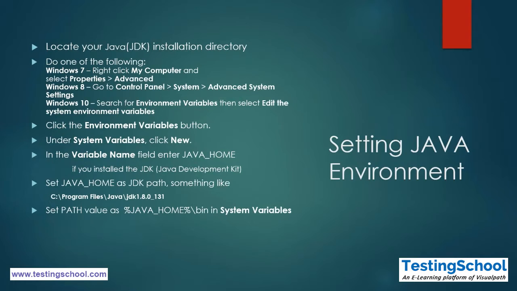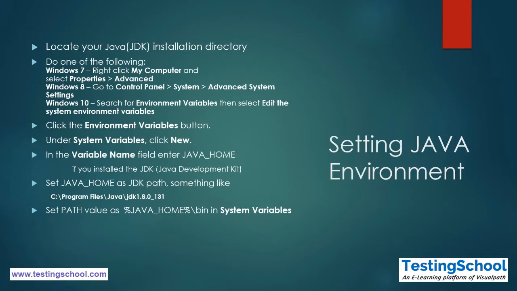For the JAVA_HOME, the JDK path will be something like C program files, then Java, then JDK and the version. Once you go to that particular directory, you will see different folders inside it. There will be a bin folder and multiple folders inside that.